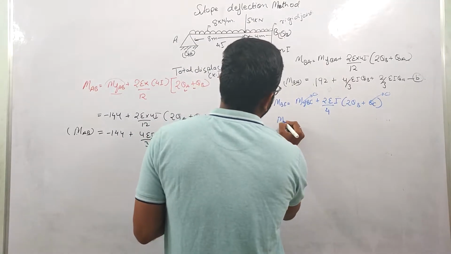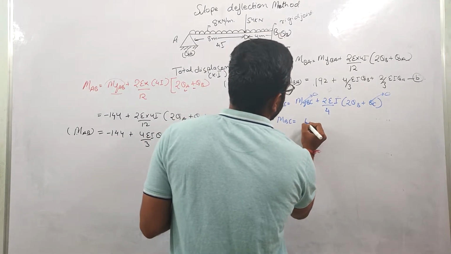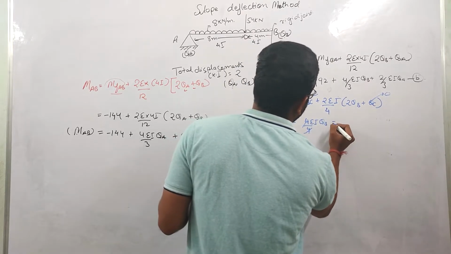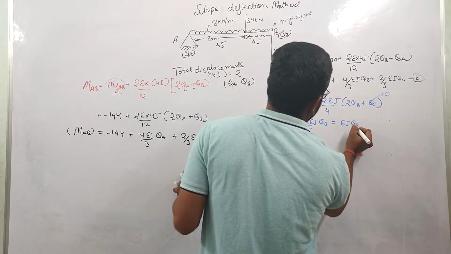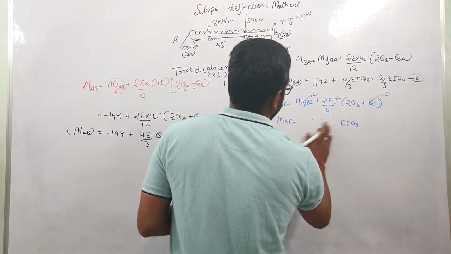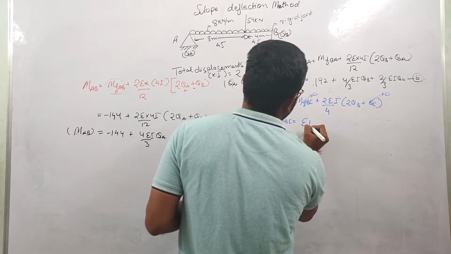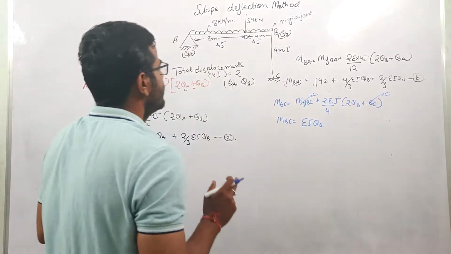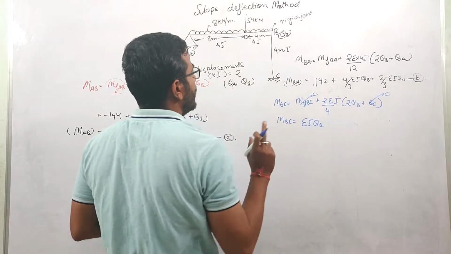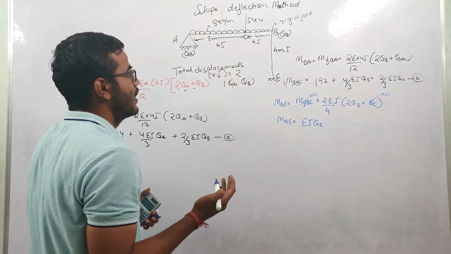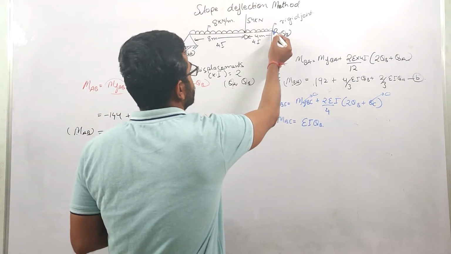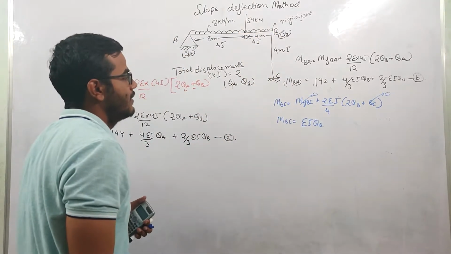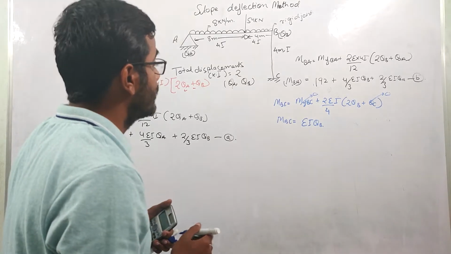So I can write MBC equals 4EI theta B divided by 4, so it will be EI theta B. This is a rigid joint, so at B we'll have only one rotation. If this had been a hinge joint, then we'd have a different rotation, one theta BA and one theta BC. So now this is the case.